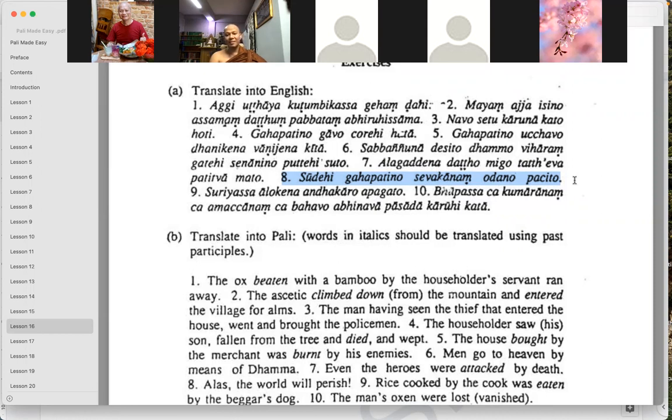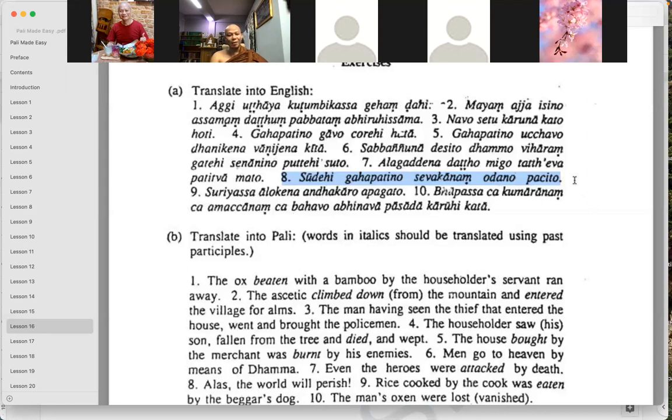So here I think it is for the servants of the householder, because gahapatino is the possessive. That is under genitive, singular. So the whole thing is: the rice cooked by the cooks is for the servants of the householder.